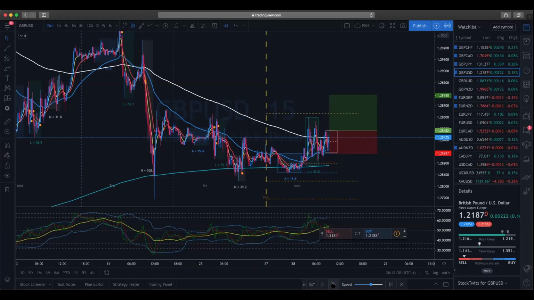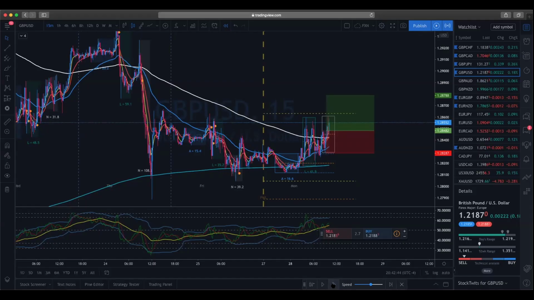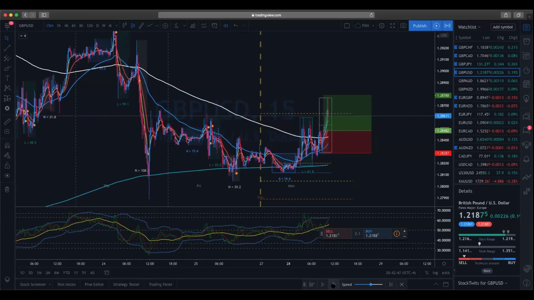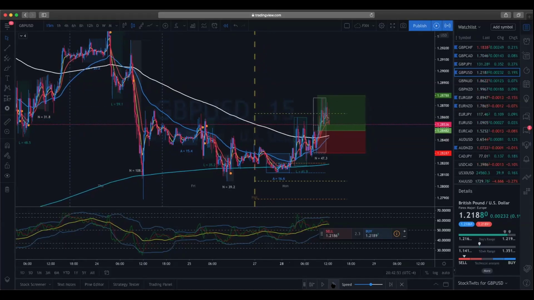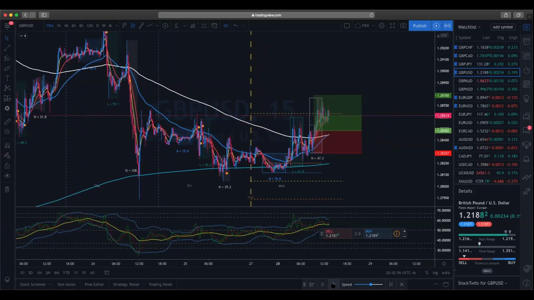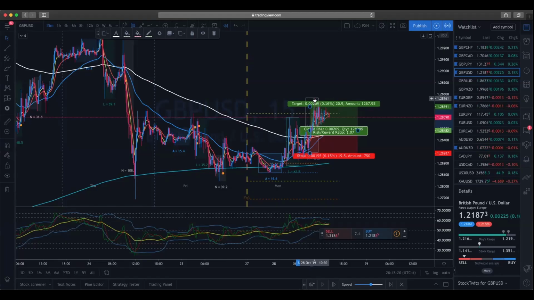Let's see where this goes. Yeah, I don't think it's going to go any higher. It went all the way up to 76 or so.